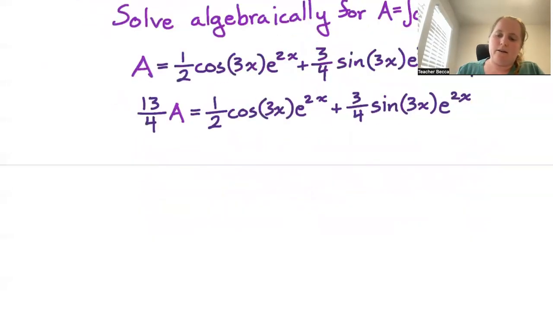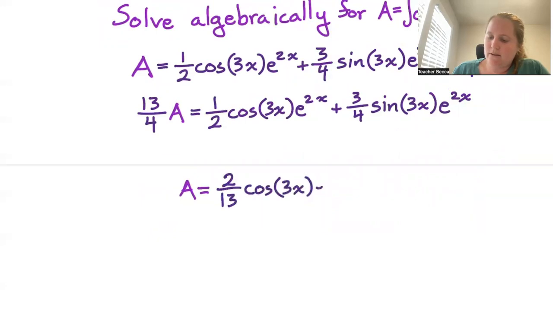And therefore we get that our A is, multiply both sides by 4/13, 2/13 cosine of 3x e to the 2x plus 3/13 sine of 3x e to the 2x.